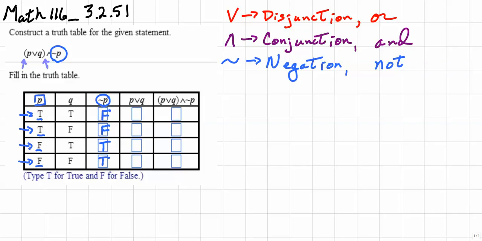Now we want to look at the next thing, which is the disjunction, which is this or. This is P or Q, which means that P or Q or both have to be true for this logical statement P or Q to be true.